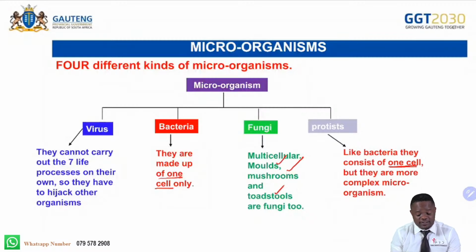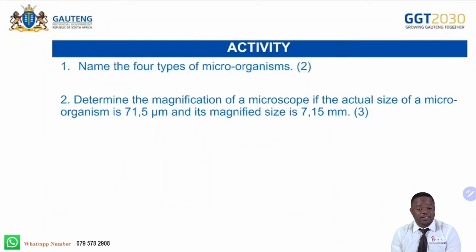And remember, we said as they are, some of them can be harmful, some of them can cause diseases, and we said we shall look at them in our lesson today. Right. I hope you have taken note of the important sections there. These are our microorganisms which we cannot see by the naked eye. Right. At this stage, I'm just going to give you a small activity on what we have covered so far. Right. For this activity, I'm going to give you 5 minutes.